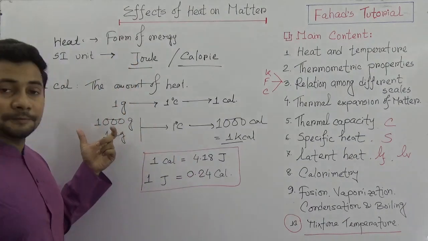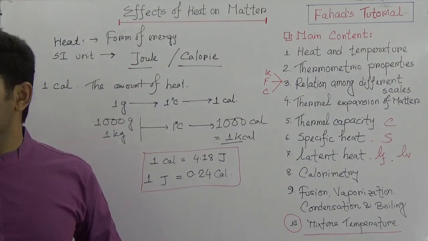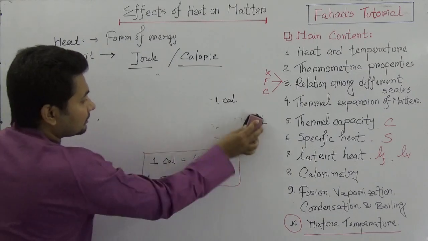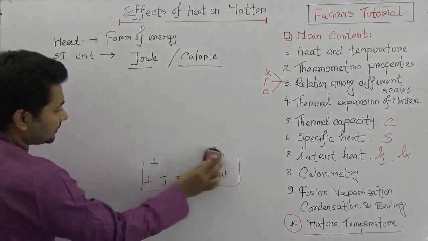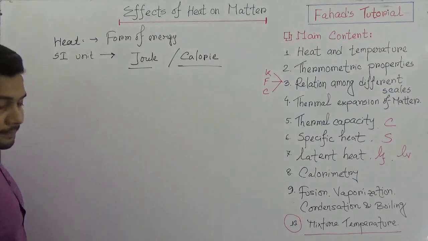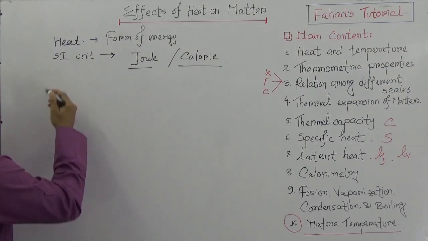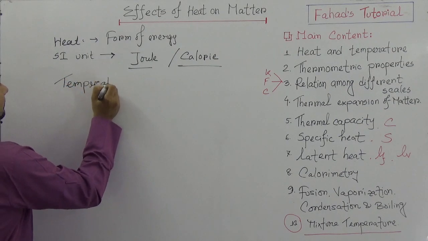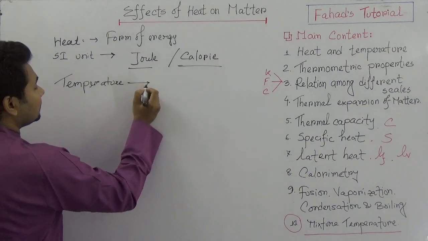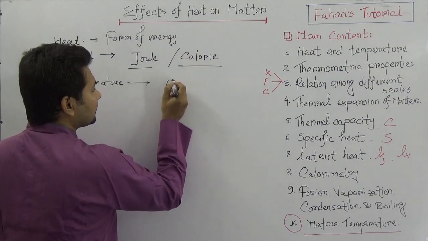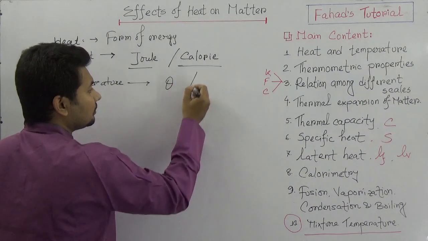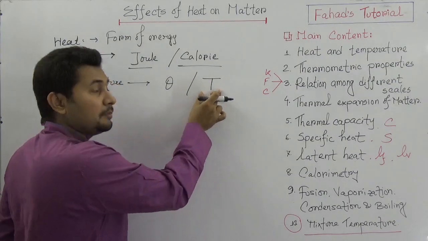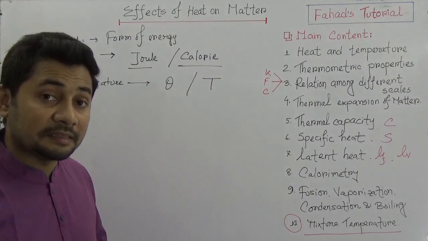Now think about temperature: what is the SI unit, or how can we express temperature? We can say temperature is denoted by theta or T. We usually express temperature by T, but we can also express it by theta.